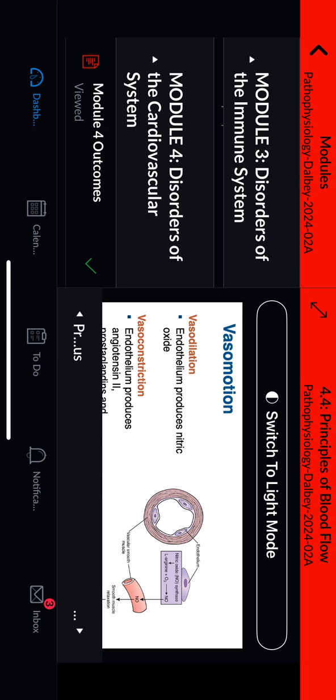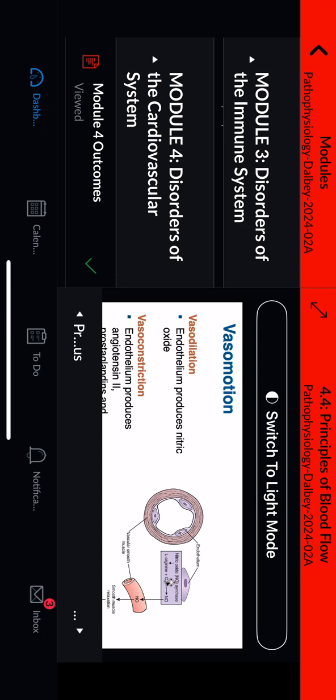The endothelium in the tunica interna plays a very important role in being able to control that vasomotion. It can actually release factors that can either cause vasodilation or constriction. The image here is going to give us an example of how that works. Here, our endothelial cells are producing nitric oxide, or NO, and it can do that from the precursor L-arginine and oxygen.